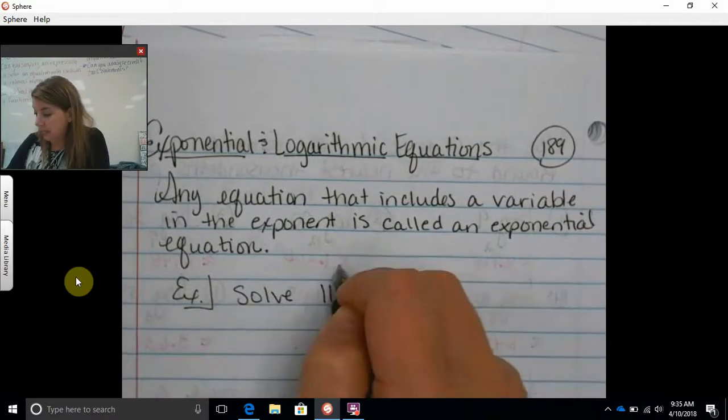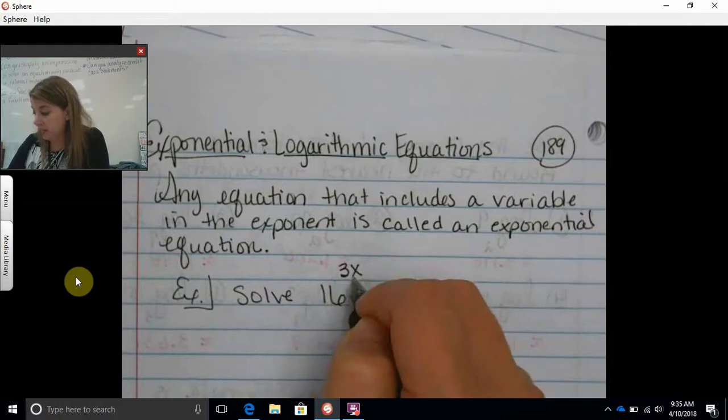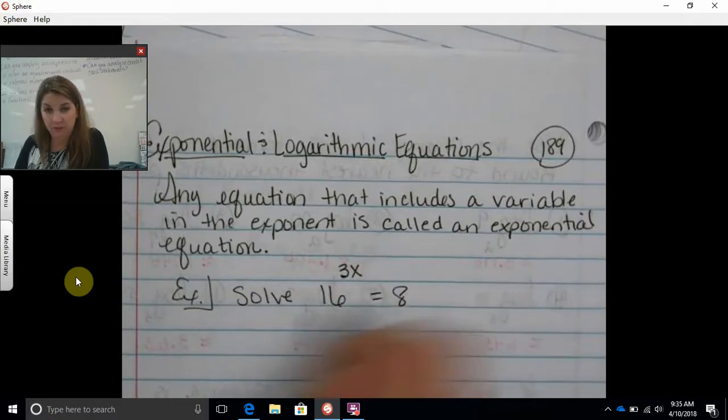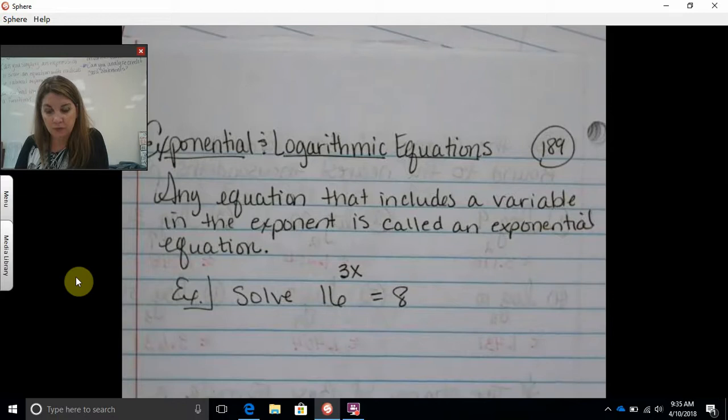So if I asked you to solve 16 raised up to the 3x equals 8, I'm going to show you two different ways to solve it. Right now, that's an exponential equation, and can we write 16 and 8 with the same base? Yeah.